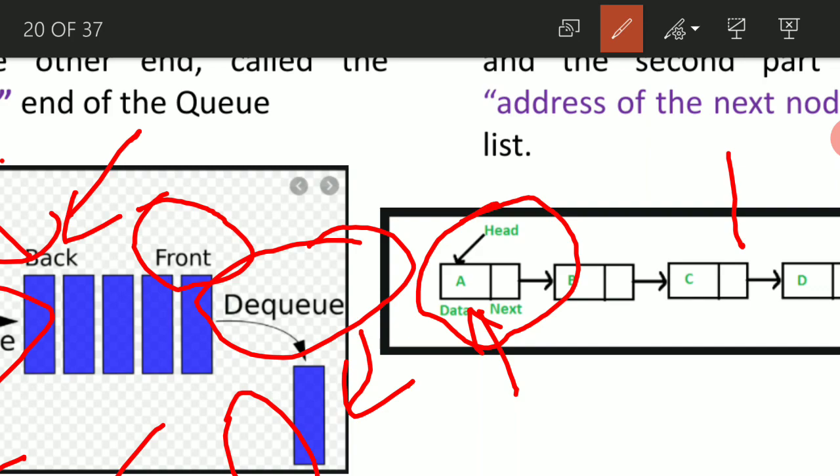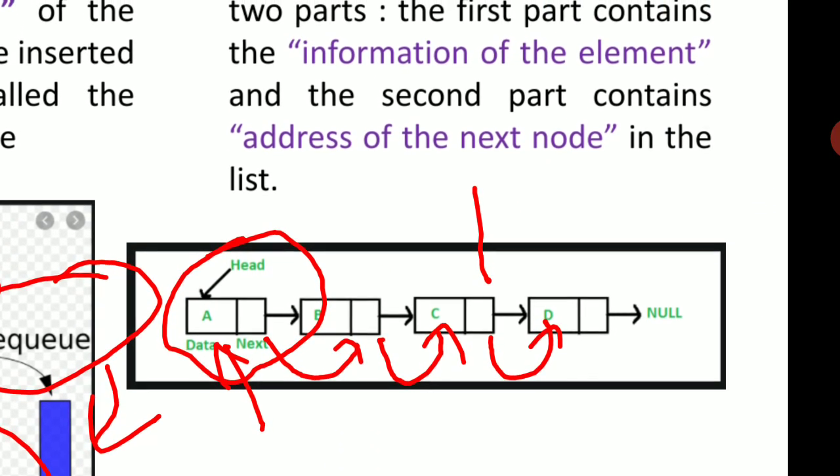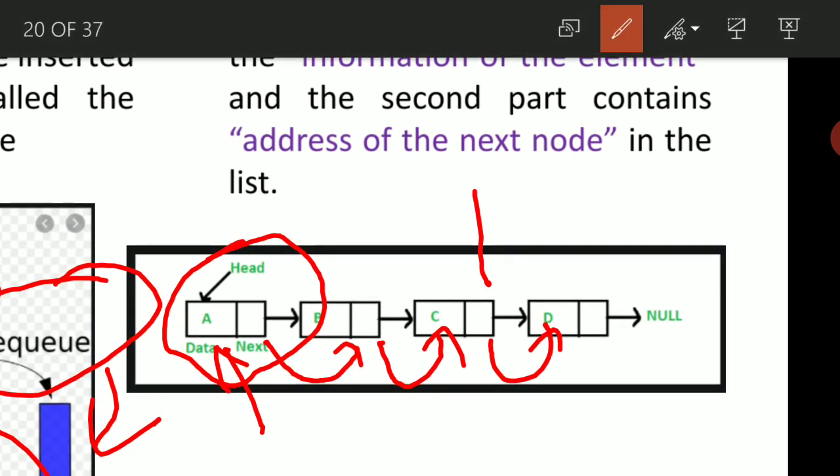So, the address of what? B node. So, this is the address of B node. And the B node contains the address of C node. And the C node contains the address of D node. And the very important thing, the last node here, the D node, is assigned null, which means this is the end of the linked list.